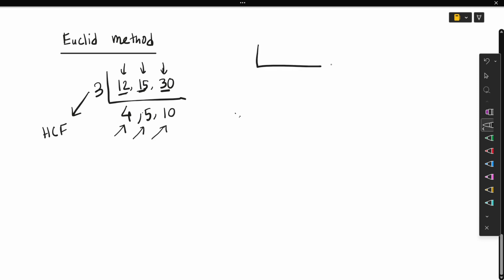Okay, if you think of only 12 and 30 here, then it can be divisible by 2. If you divide by 2, then you get 6, and you have here 15. Now you can divide these 2 values by 3 again. So 6 divided by 3 is 2, and here is 5, right?